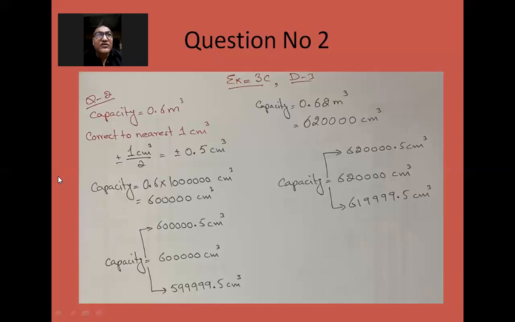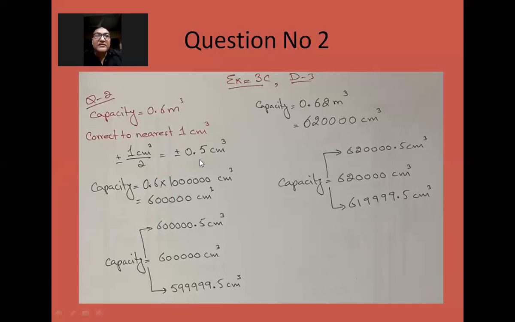When I multiply 0.6 by 10 raised to power 6, my answer comes out to be 600,000 centimeter cube. So you see what I have done: I have converted the units of the main measurement from meter cube to centimeter cube.